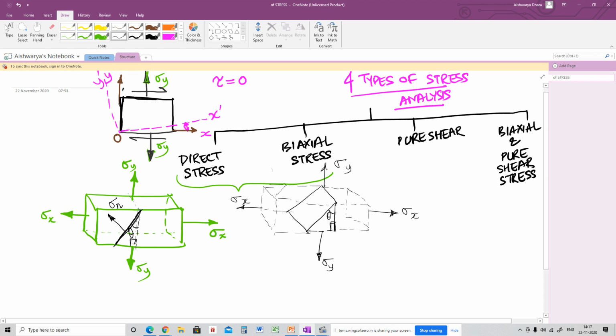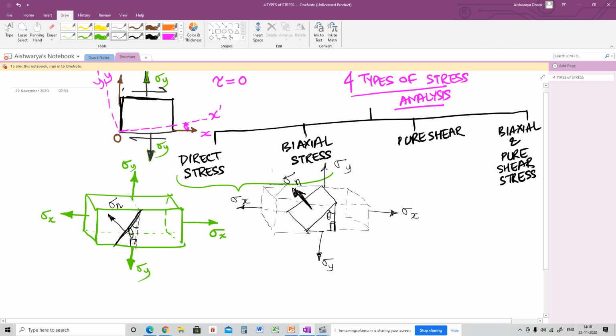So what will happen, just imagine, each block consists of a lot of different kinds of atomic bonding structures with other molecules. Now they will try to have some reaction. So when I'm pulling on both sides, there will be some normal stress acting from this particular plane. That is nothing but the normal stress acting on that plane.